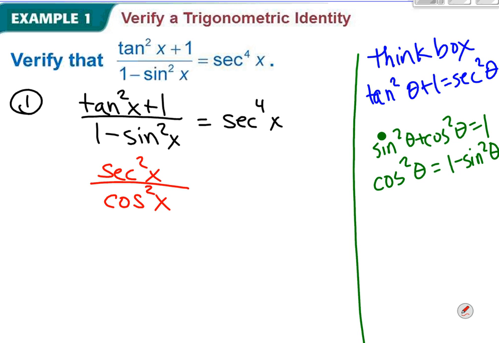And so I'm going to separate this and say this is the secant squared x over 1 times 1 over cosine squared x. And the secant squared x, I'll even just write that that's just going to be secant squared x. And 1 over cosine, what kind of thing off of my note card am I going to use now?